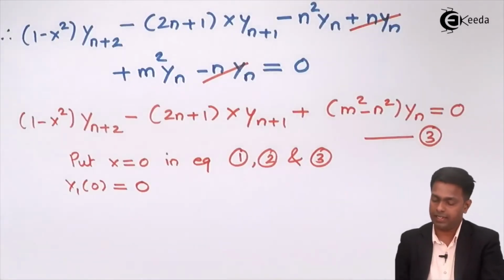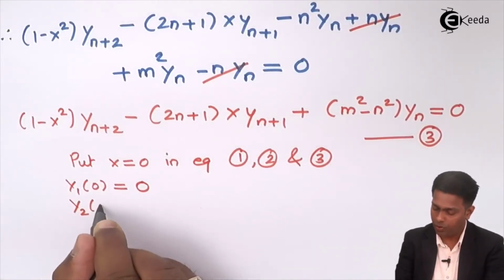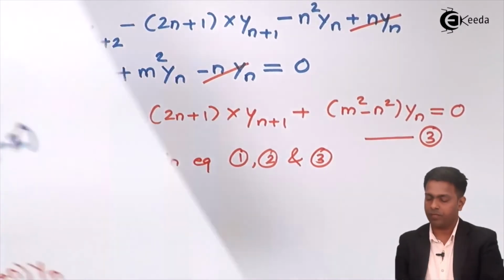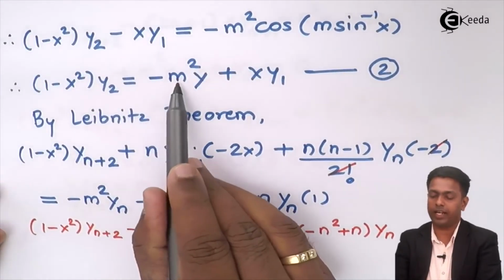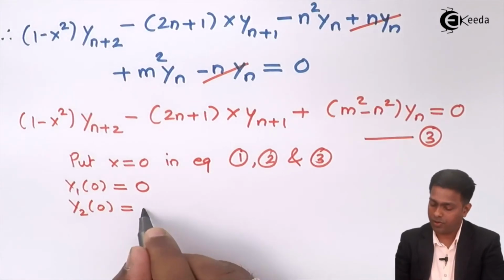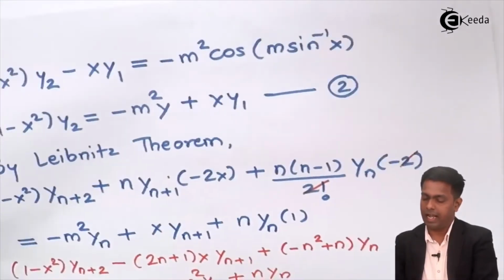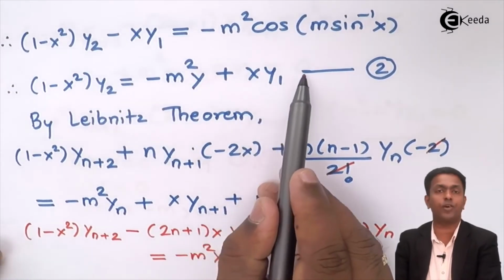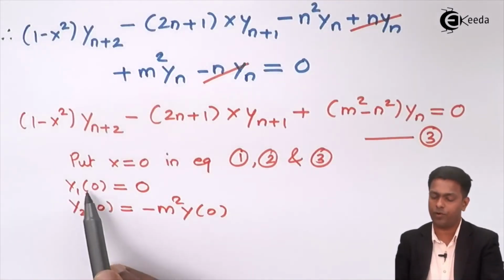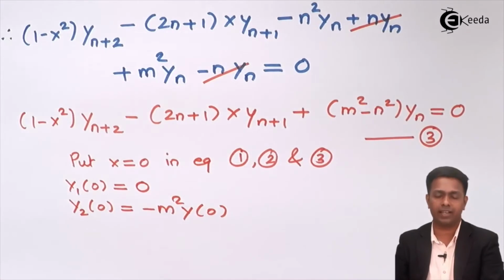So y2 of 0 equal to negative m square y of 0, and here we will get x into y1 of 0. But guys, we know that y1 of 0 is 0, so I'll not write that term. So this is the value of y2 of 0.